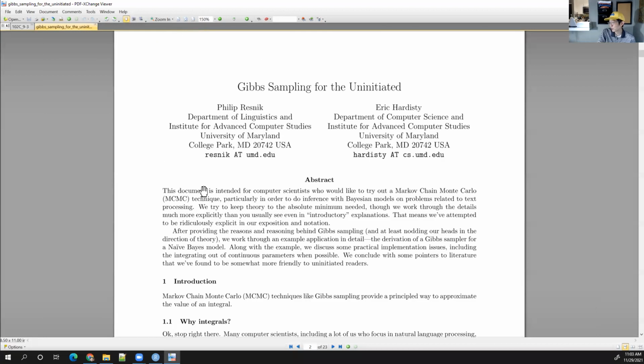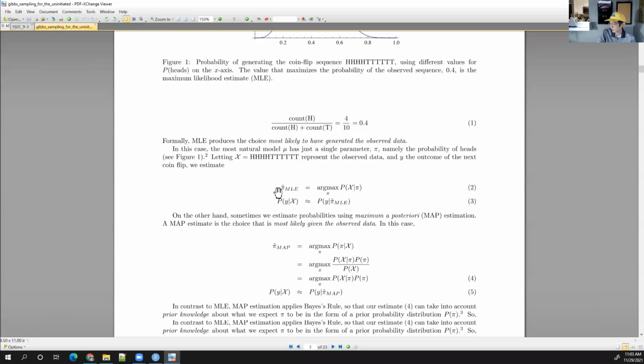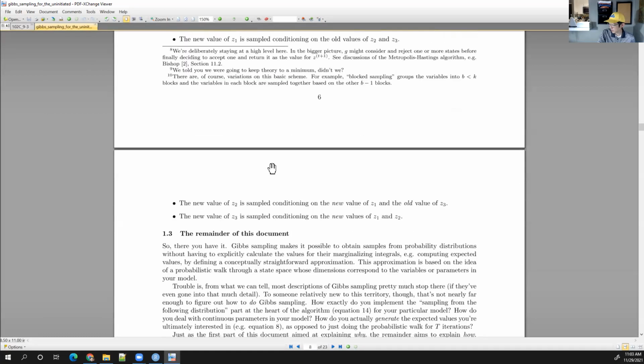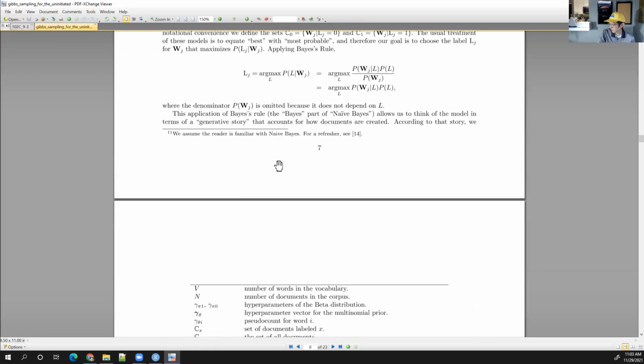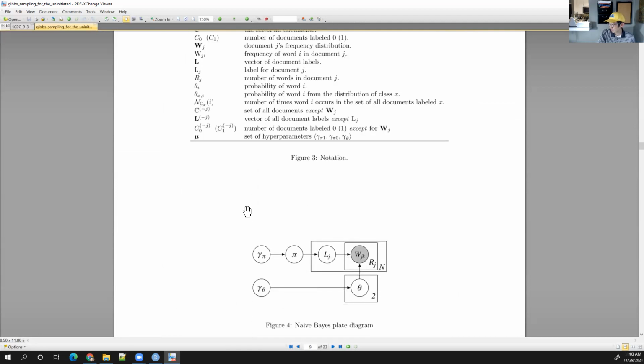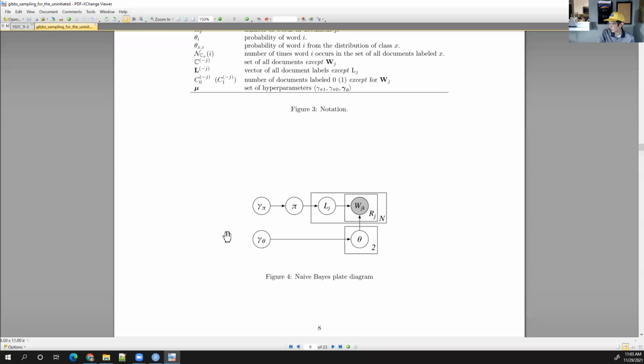it goes through quite a bit of stuff talking about Gibbs sampling in general, but the application that we're going to look at is using it to cluster documents.